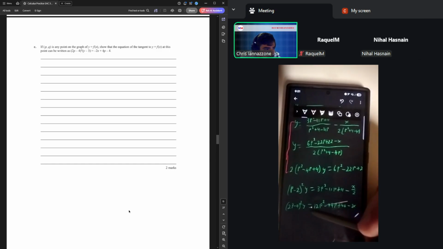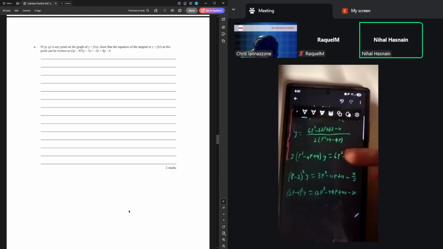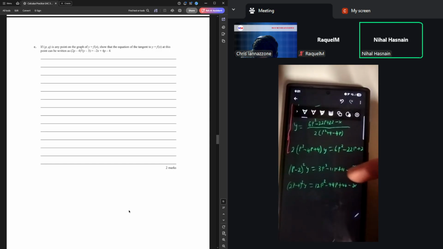Getting stuff on the y seems tough. I think we can multiply both sides by, wait. We can subtract 3 times (2p − 4) the whole squared. Say again, sorry?